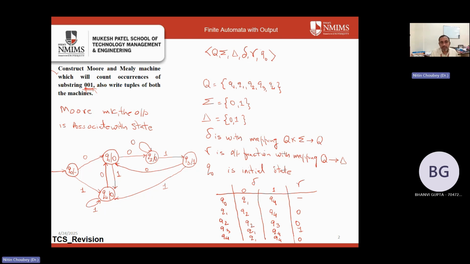Now we'll go for construction of a Mealy machine for the same case. For that, I will keep this construction of the Moore machine as it is, and I will just remove this tuple definition from here.